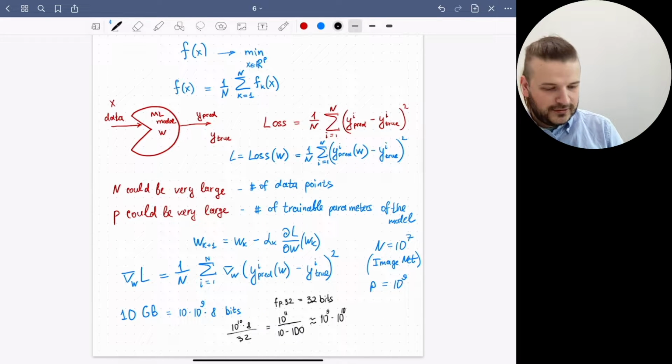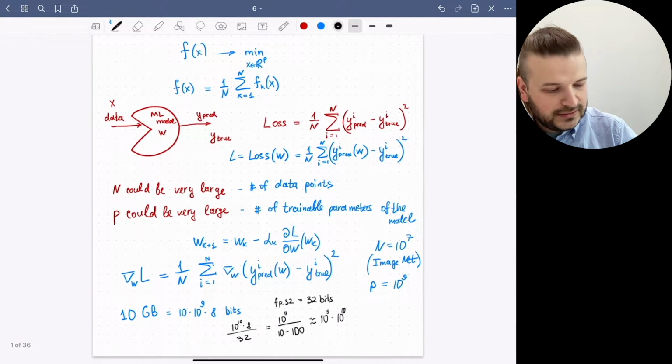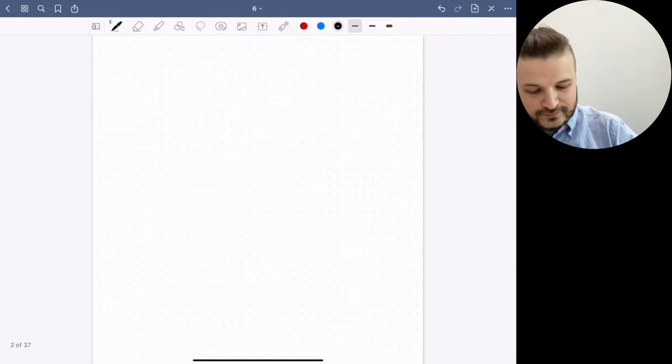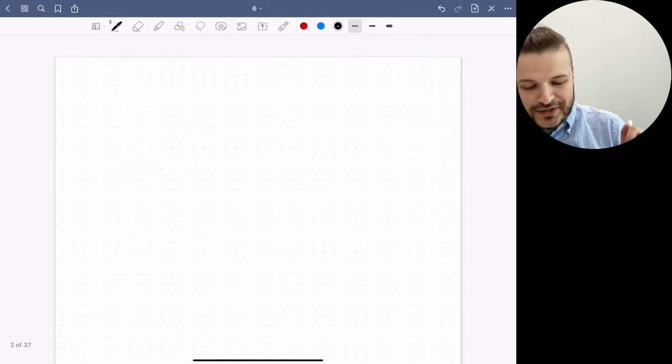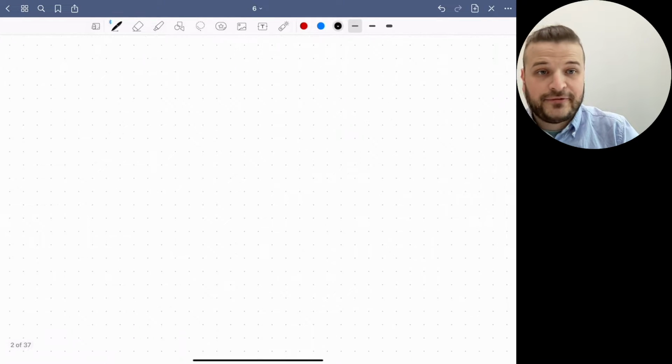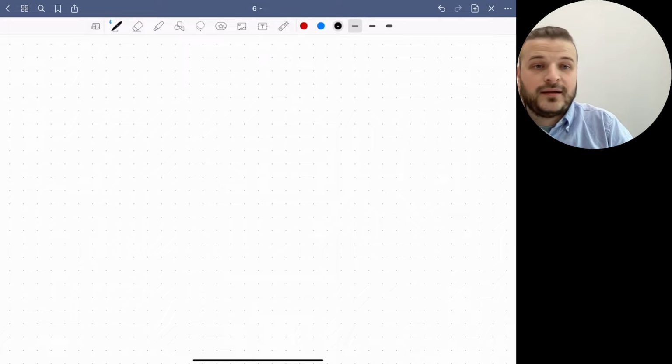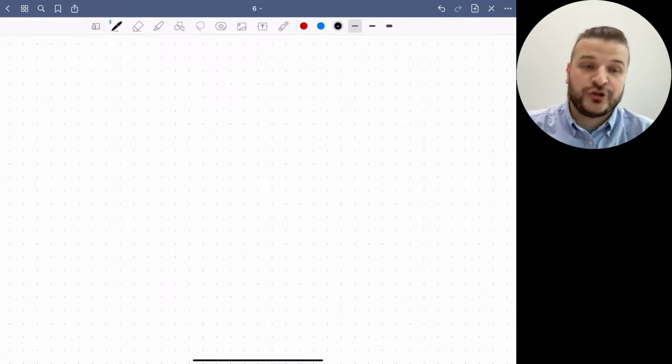Okay, let's say how to deal with it. The idea will be, okay, guys, what if instead of the full gradient... let's return to the original notation here.